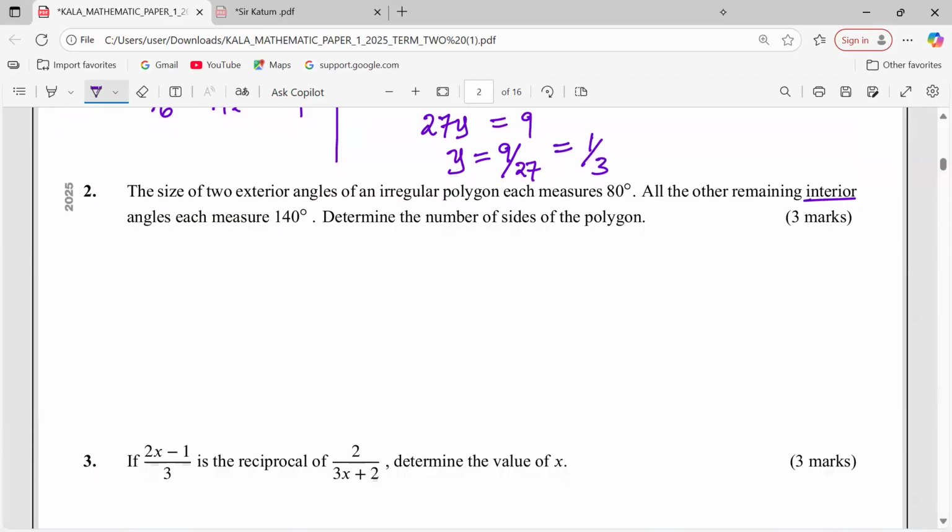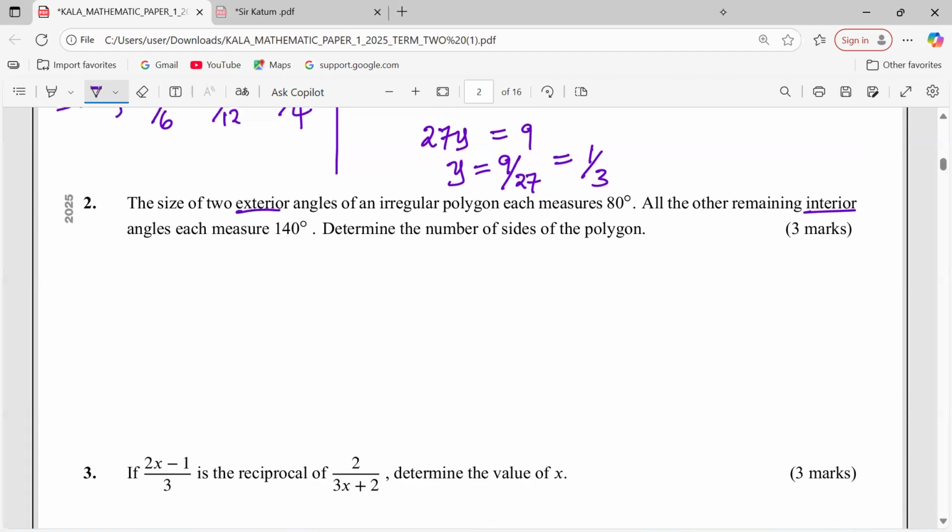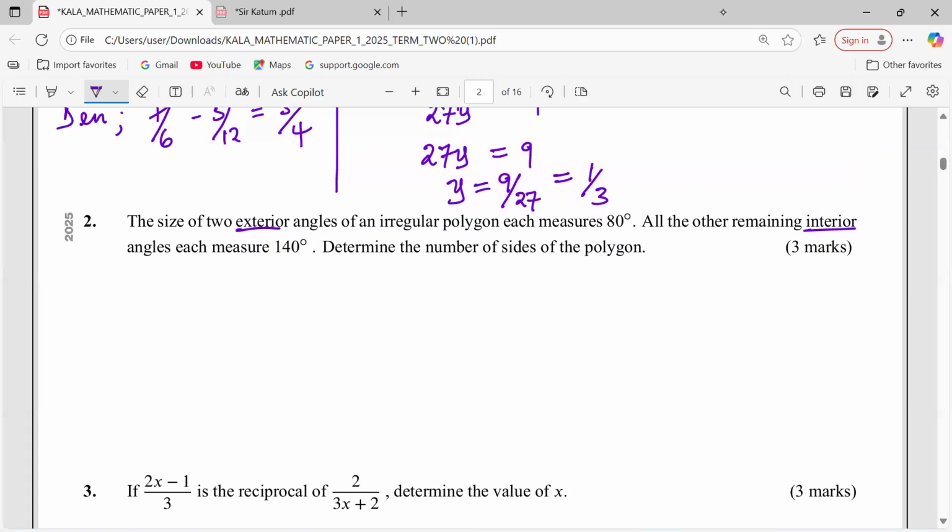Determine the number of sides of the polygon. You can see some change of language from exterior angles to interior angles. One thing you're supposed to know is that the sum of exterior angles usually gives 360. Then every interior plus corresponding exterior usually gives 180.